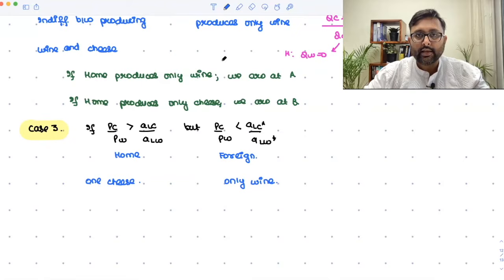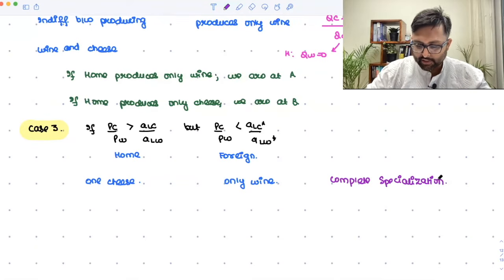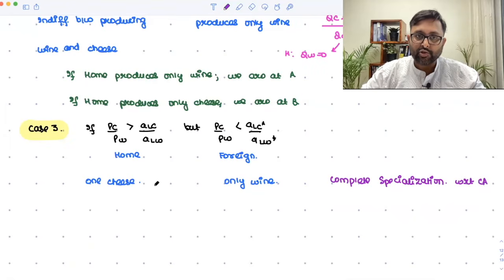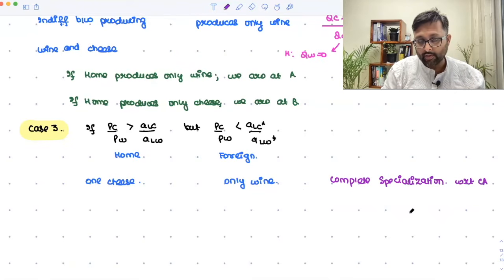So this is the first case where you have complete specialization with respect to comparative advantage. Home has the comparative advantage in cheese, and foreign has the comparative advantage in wine, right?